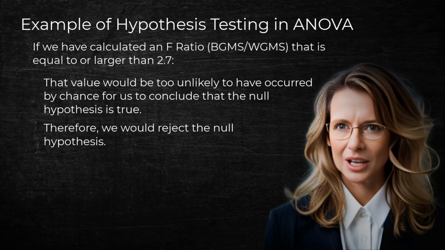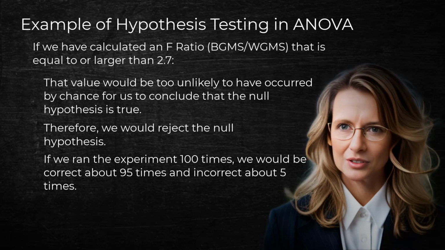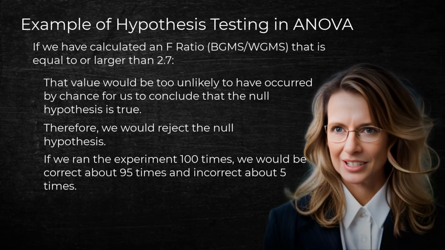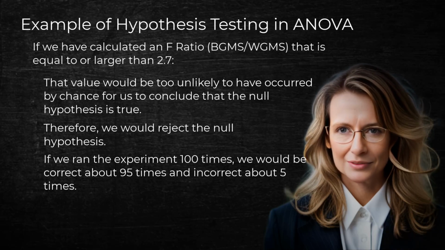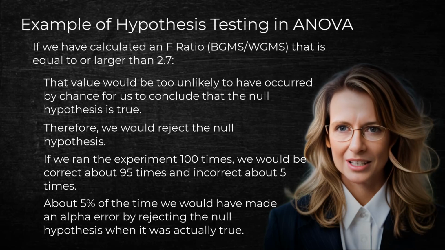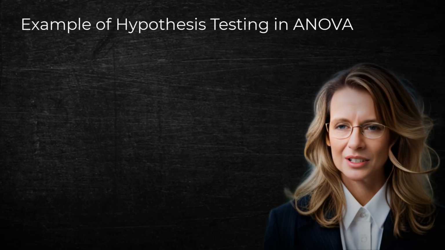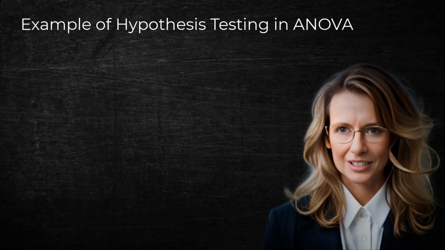Therefore, we would reject it. If we ran the same experiment 100 times, this conclusion would be correct about 95 times and incorrect 5 times. Therefore, about 5% of the time, we would have made an alpha error by rejecting the null hypothesis when it was in fact true.